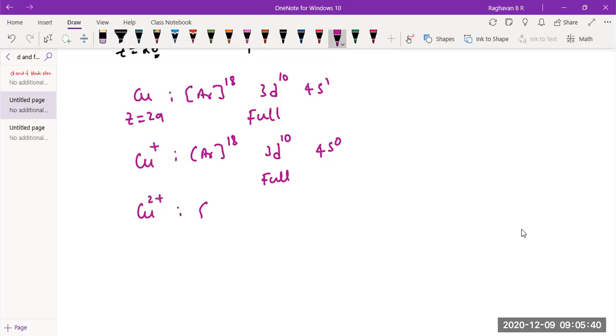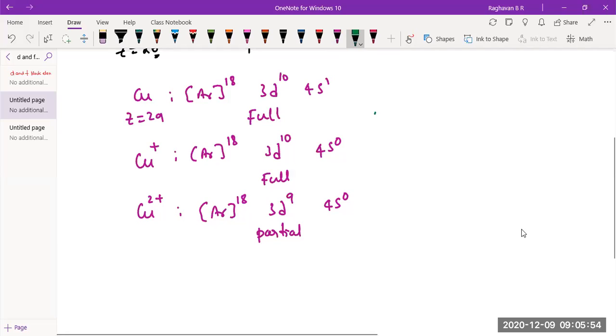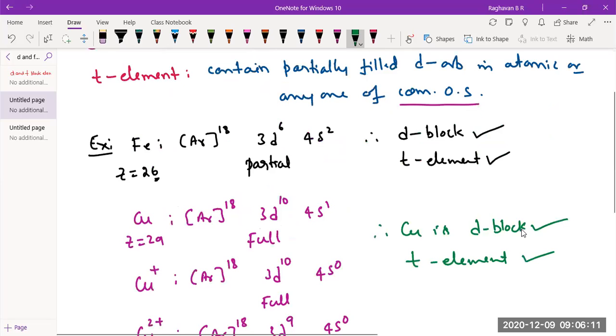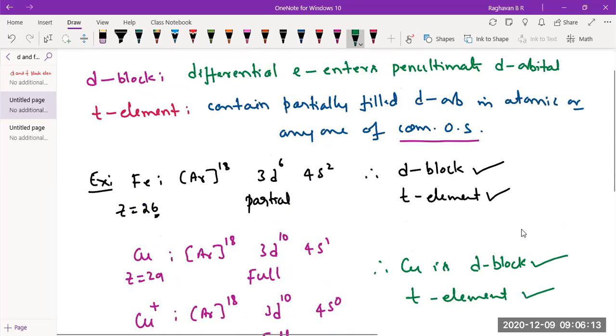In +2: argon 18, 3d9, 4s0. Now this is partial. Therefore, copper is a d block element because the last 29th electron goes to the penultimate d, and a transition element because it contains a partially filled d orbital in one of the common oxidation states, as per the definition. Okay, no problem.